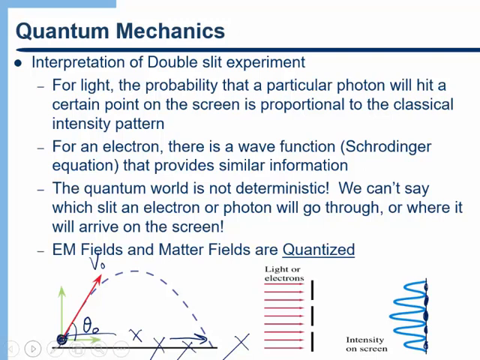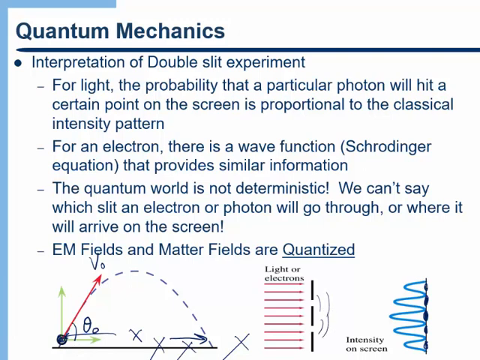So the way that we think about this now, the most modern interpretation of these experiments, is that electromagnetic fields and what we call matter fields, the fields that an electron or a proton would have, are quantized. So when we shine light through a double slit, even if ultimately only one photon is arriving at the screen, think about the wave as passing through both openings.